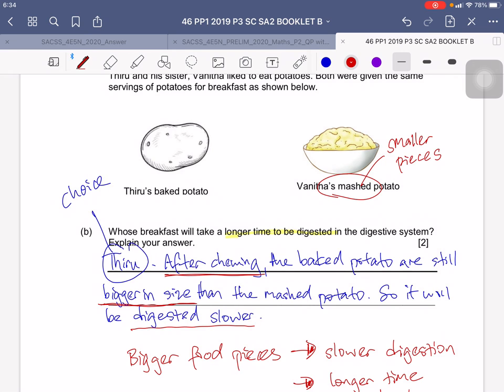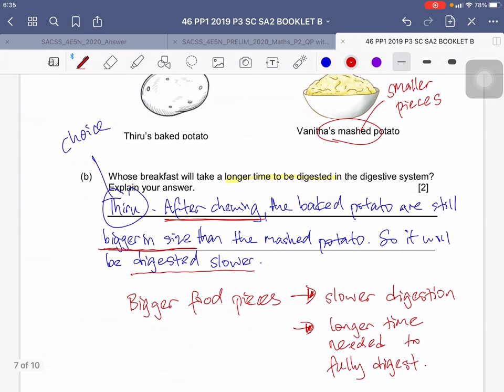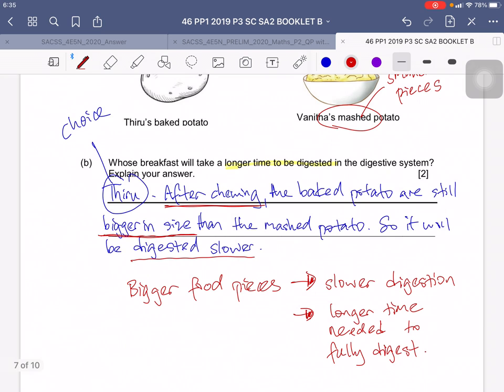Both of them, after chewing, of course the sizes will be even smaller than before. But now you compare baked potato to mashed potato, the baked potato are bigger in size, right? So it will be digested slower. You notice I use comparative terms here, bigger and also digested slower.